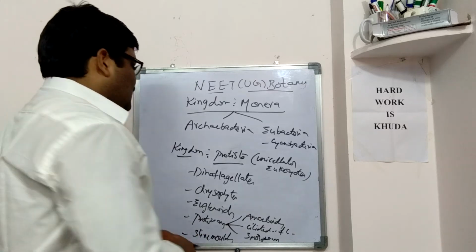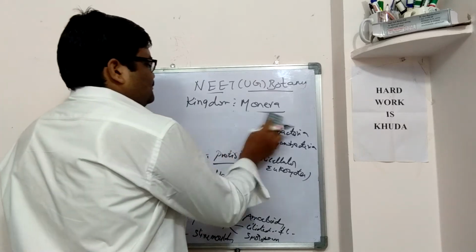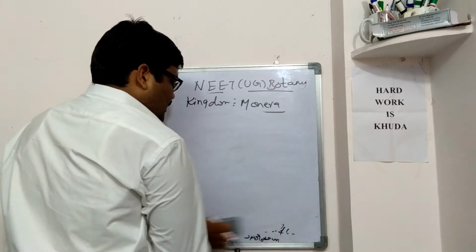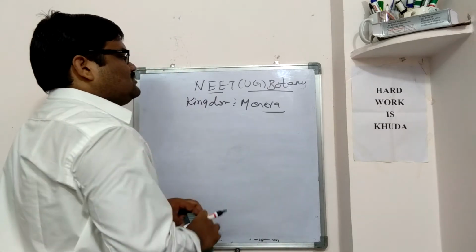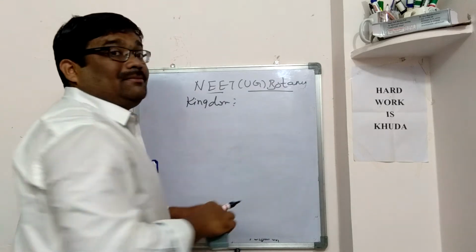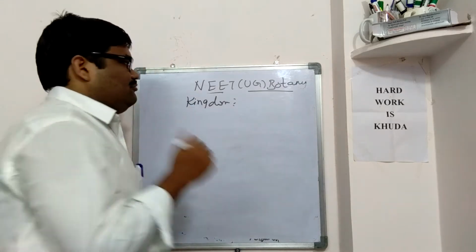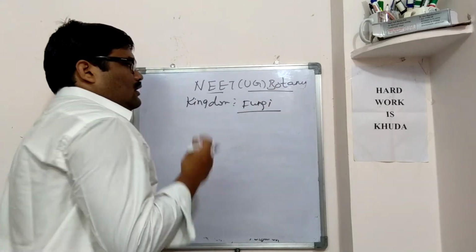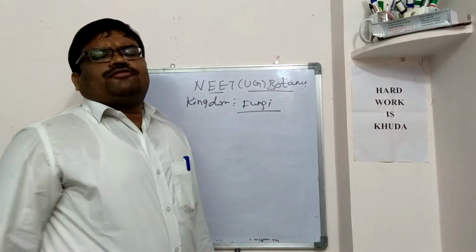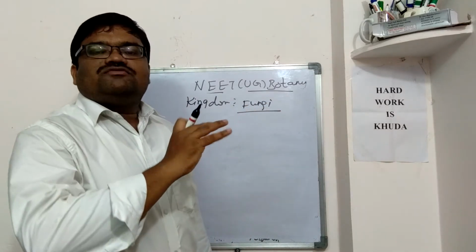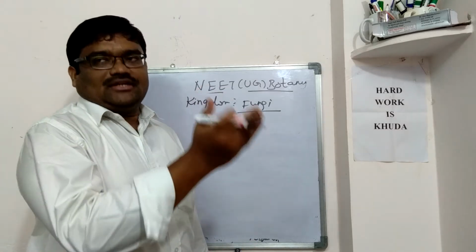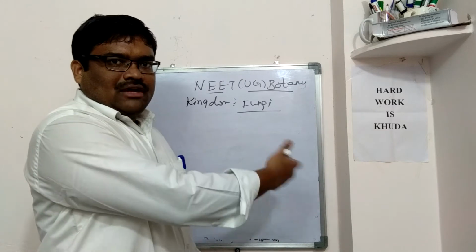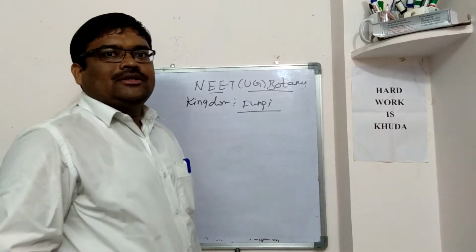Okay. Then coming to the fungi. Kingdom fungi, as I mentioned, we have to know at a basic level, in brief. The significant feature of kingdom fungi is a cell wall with chitin. That is very important. Okay, we will discuss it later, while we discuss the third unit, that means cell.